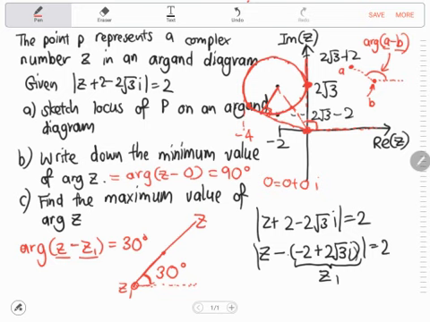Given that, I know this radius is 2 from the earlier part. The circle is centered at this coordinate and has radius 2. So I know that this length is 2, and since I know that this point has coordinate (-2, 2√3), I can find this length using the Pythagoras theorem.